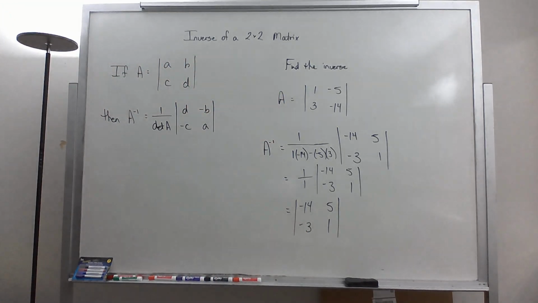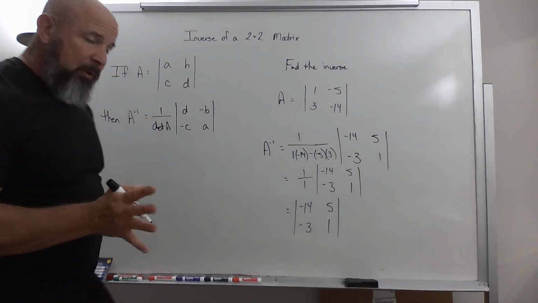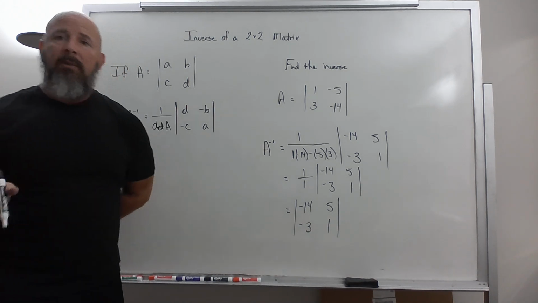So that would be the inverse of that original matrix of 1, -5, 3, -14.